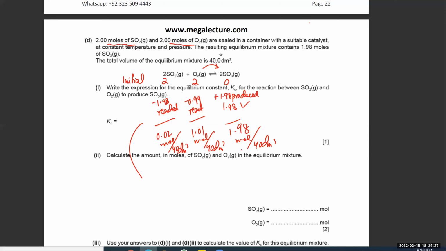तो Kc expression would be the SO3 part squared. So it's 1.98 divided by 40 and that's going to be squared. और नीचे क्या होगा? It's going to be SO2 squared. That's 0.02 divided by 40.